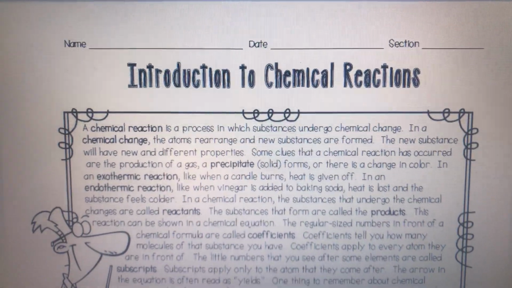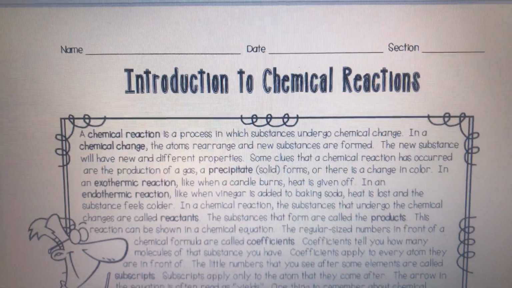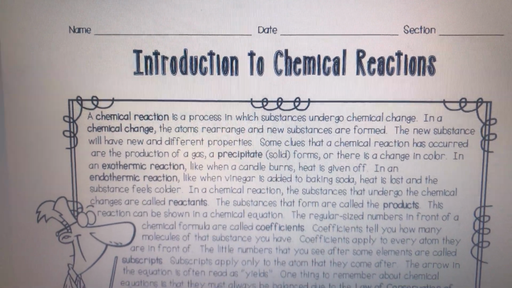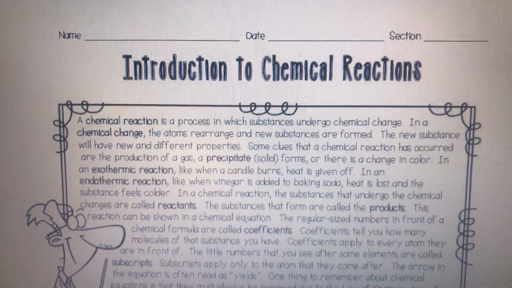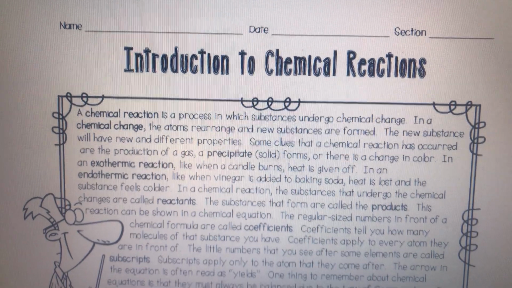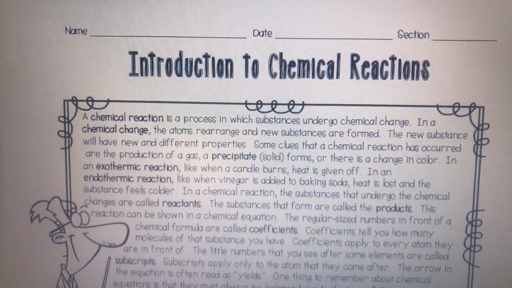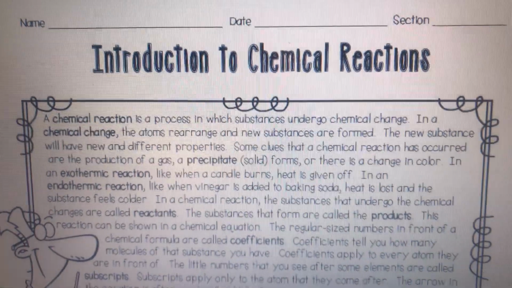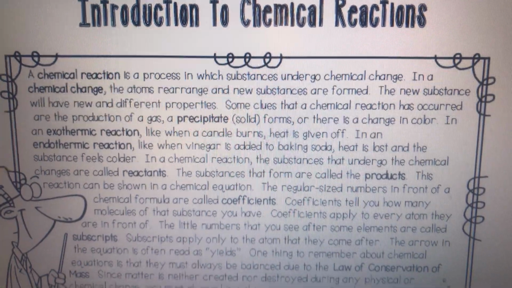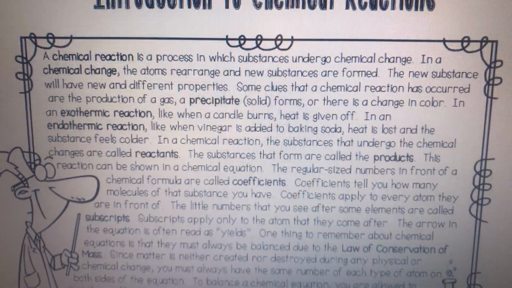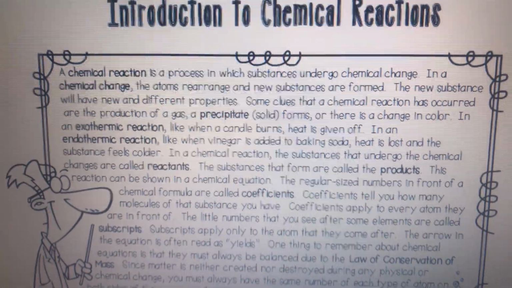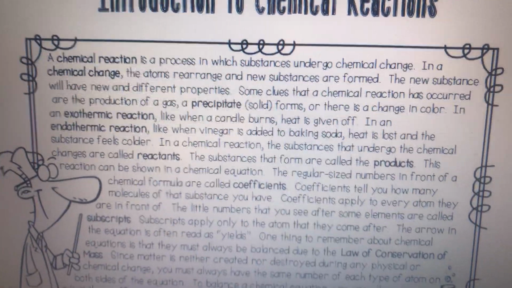In this lesson we're going to talk about chemical reactions and those words and properties that we use to describe reactions in chemical science. So a chemical reaction is a process in which substances undergo chemical change. In other words, they change who they are. They're no longer this compound.